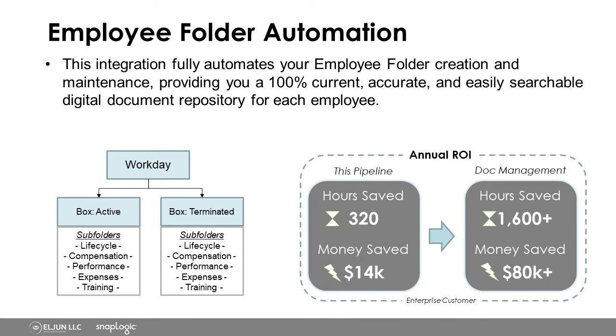So the cool part about the folder automation and creation is that because it's completely hands-off, any hire activity, termination activity, rehire activity is going to be captured so that your file folders will be self-maintained. You won't ever have to go in and make a move or do any audit functions. It will all work 100% in an automated fashion.